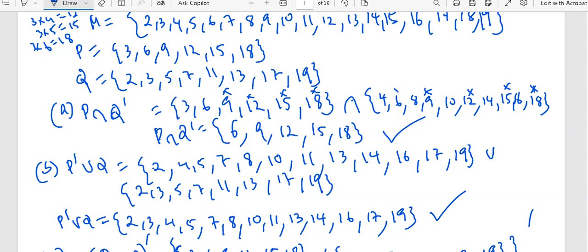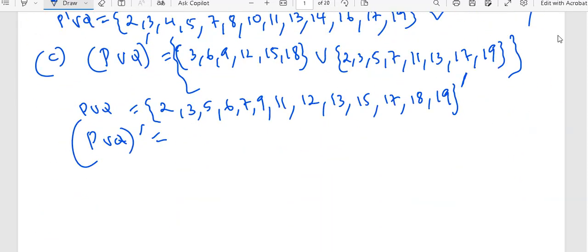We have 2, 3, 4, 5, 6, 7, 8, 10, 14, 16, 17, 18, 19. So 4, 8, 10, 14, and 16. That's what is missing here.